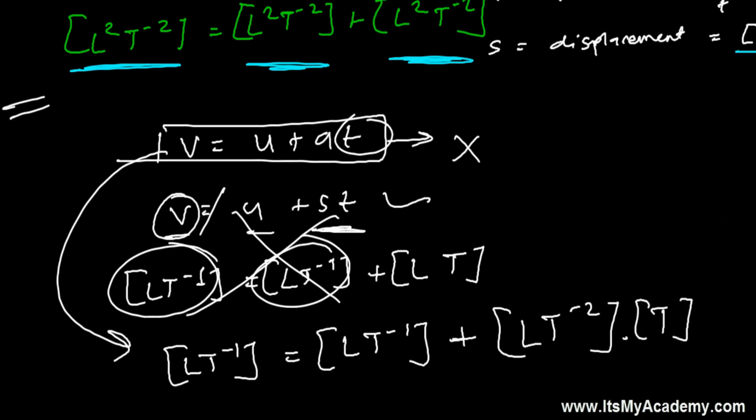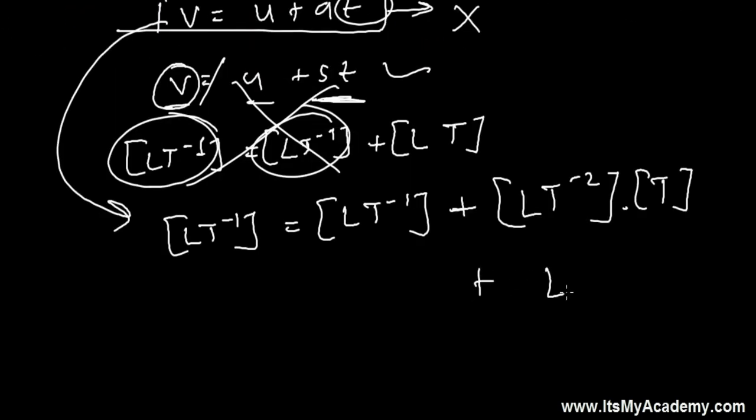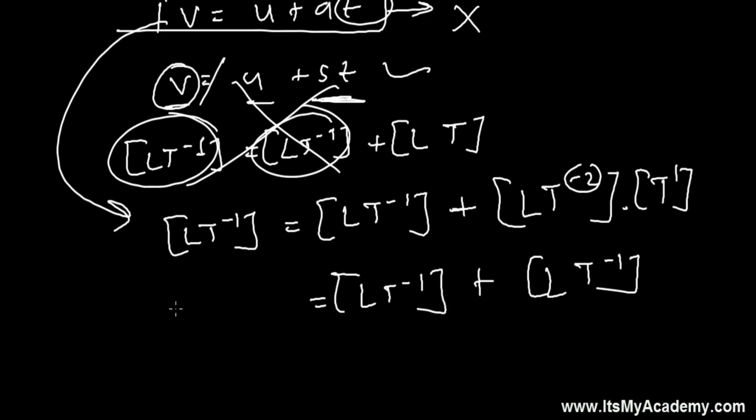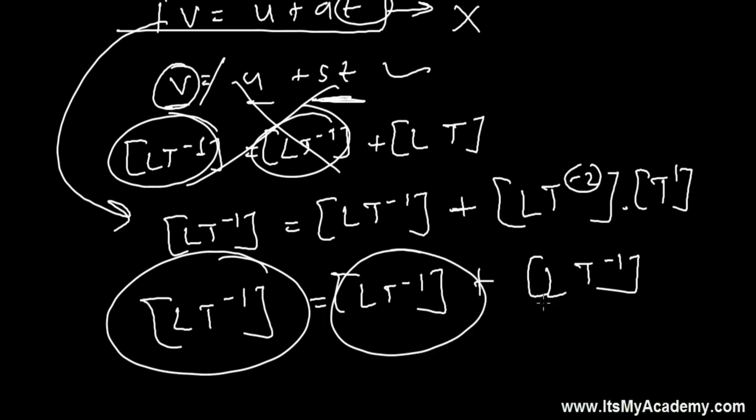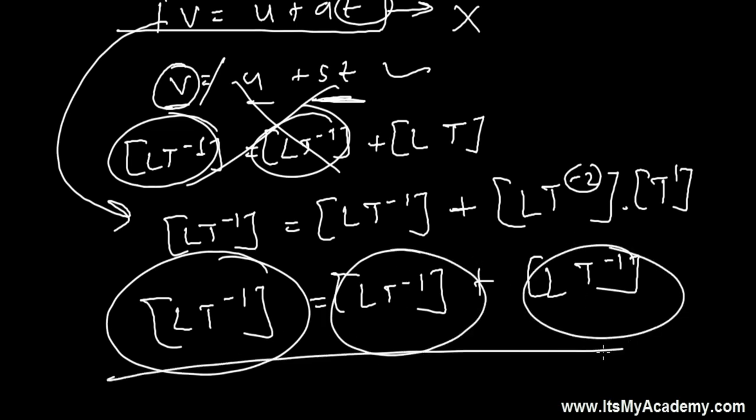So overall this makes LT^-2 times T, so it's LT^-1. It is already LT^-1, and it is again here LT^-1. So LT^-1, LT^-1, LT^-1. And don't pronounce it like that, it is T inverse. My English is really bad. Anyways, that's what I'm saying.